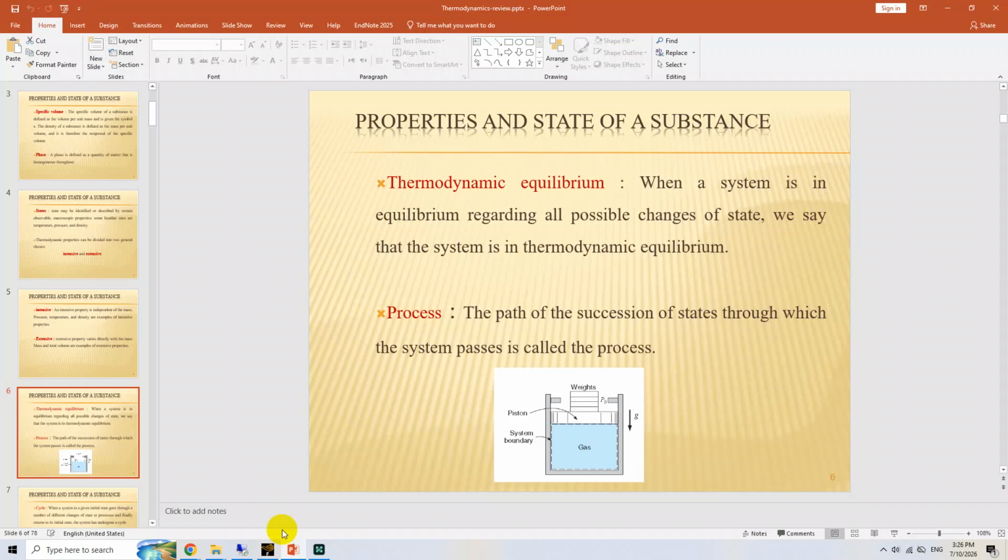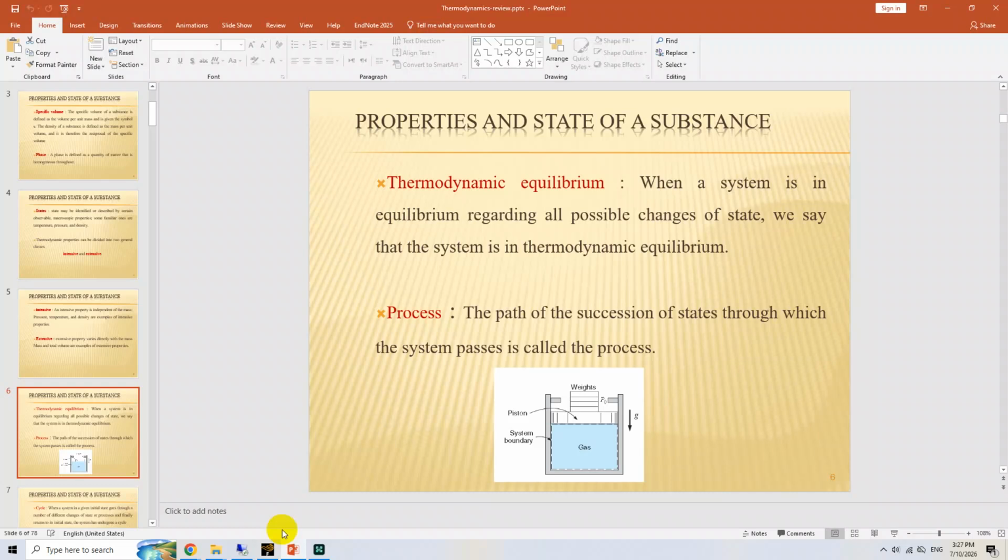Due to the fixed mass on the piston, the pressure is the same. Pressure doesn't vary. But when you increase the temperature of the system, the volume increases.